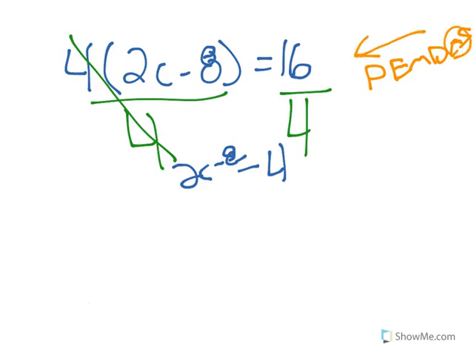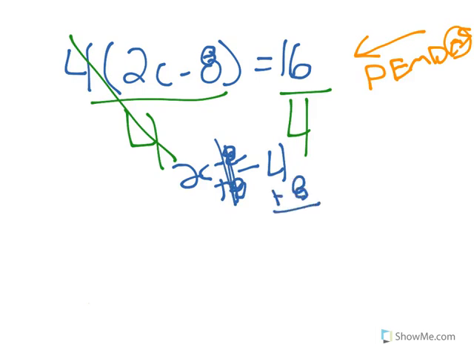Then I do the inverse. What is the 8 doing to the 2c? It's subtracting. What's the opposite of that? It would be adding. The inverse of subtracting is adding.